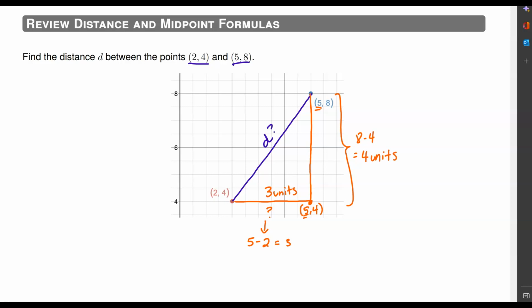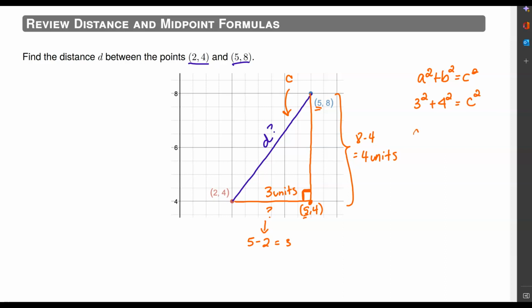Now by creating this, notice that I did create a right triangle. Okay, and we have talked about Pythagoras' theorem, right? The Pythagorean theorem tells us that a squared plus b squared equals c squared, and our c is going to be our hypotenuse, this guy here. So I have 3 units squared plus 4 units squared equals c units squared.